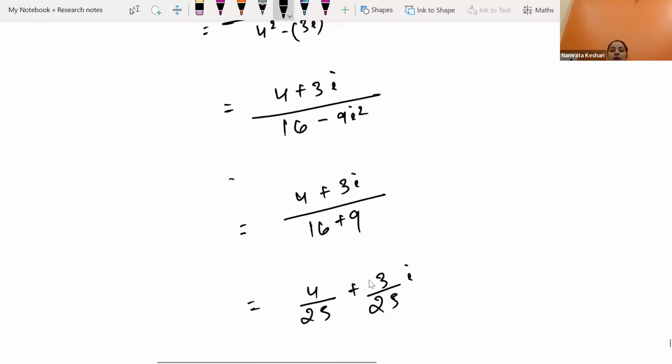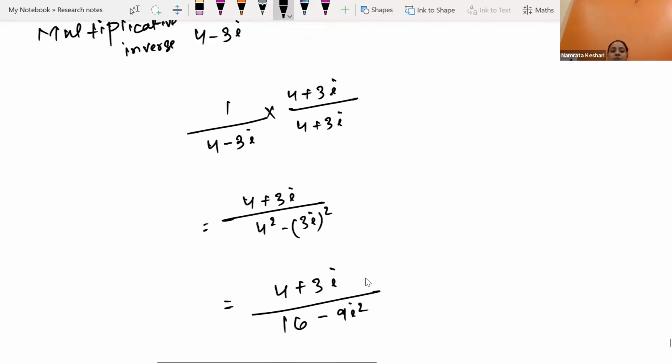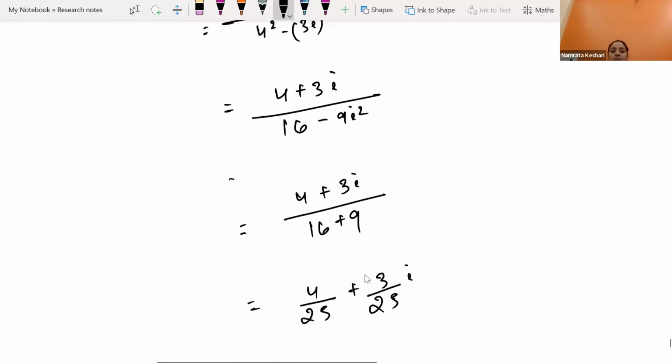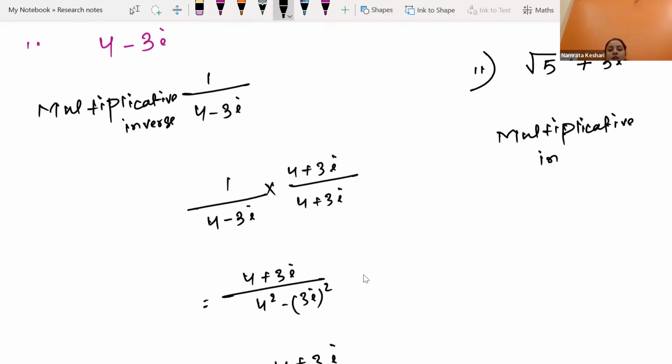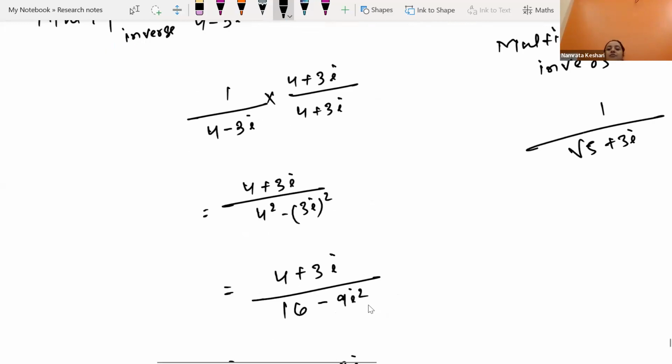Is it clear, Ali and Alina? Yes, ma'am. Okay. If we have to find the multiplicative inverse of root 5 plus 3i, we know the multiplicative inverse will be 1 by root 5 plus 3i. Okay, now we will try eliminating this i from the denominator.